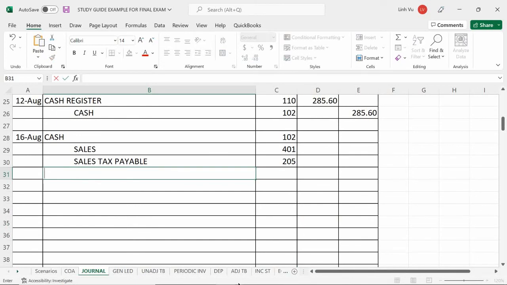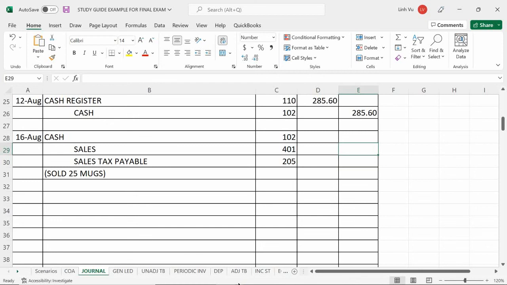So if you sold 25 mugs, what was the price I sold it for? 25 times $5.99 is $149.75. Good. So in this case, how much tax am I going to be charging?